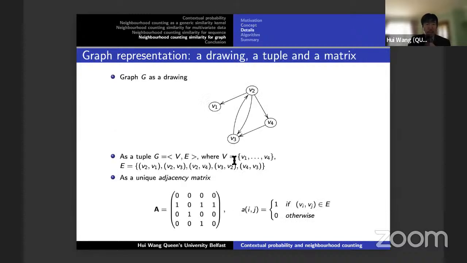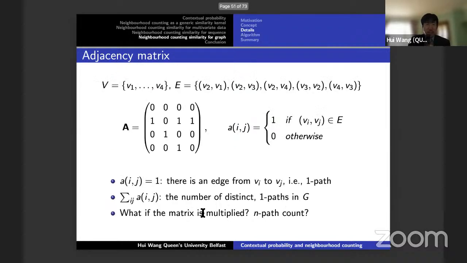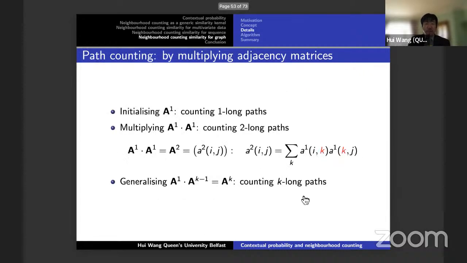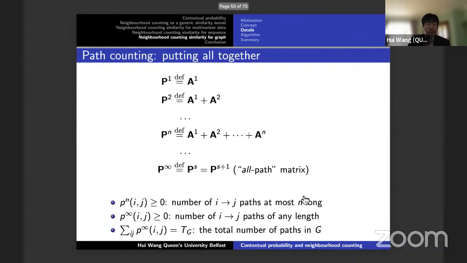So we begin with a graph, we represent it as an adjacency matrix, and I do the multiplication until all entries become 0. The algorithm can be simply done in this way.